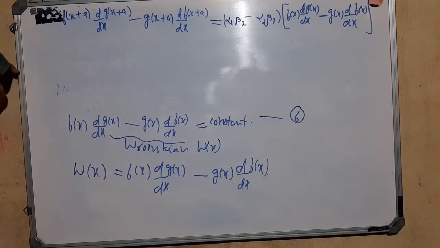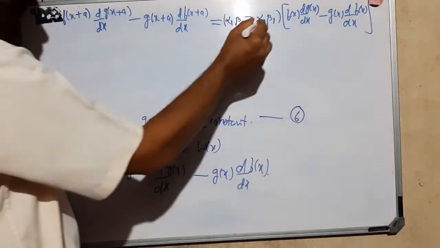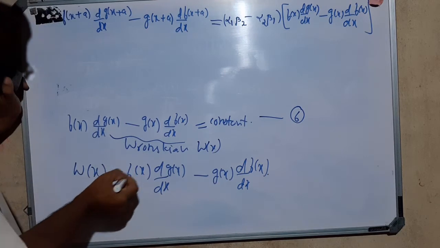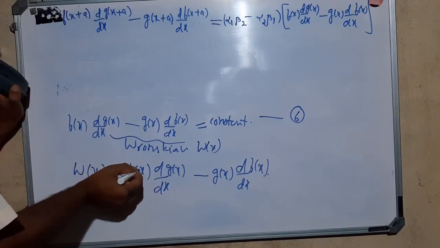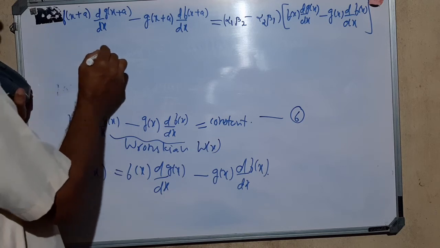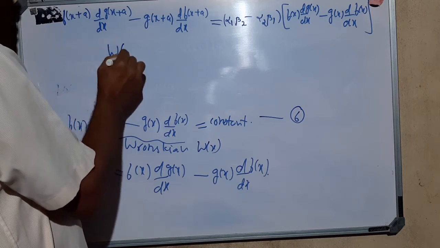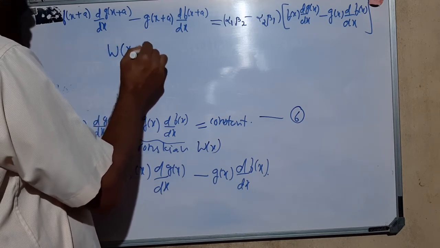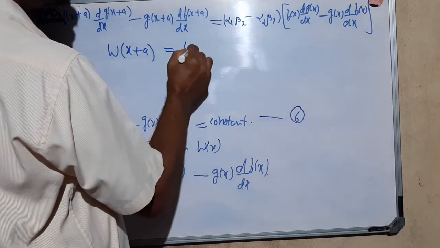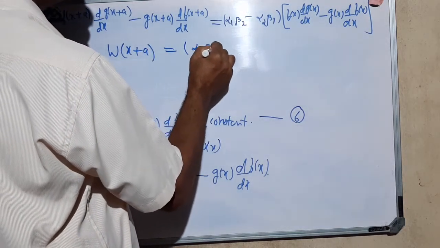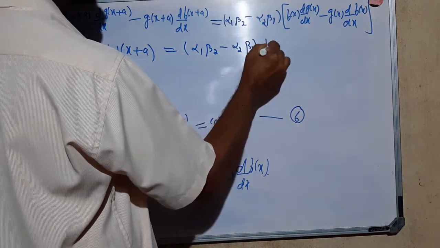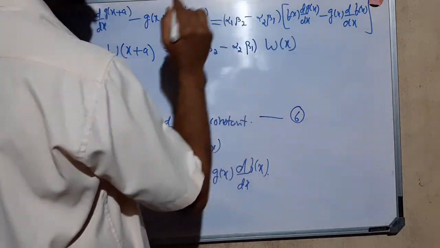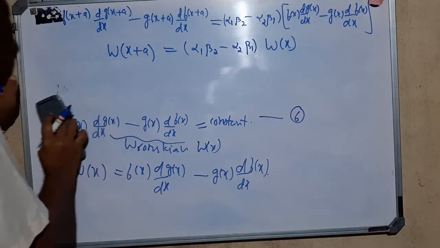So that means this I can write. See, this one is the Wronskian, right? But in the Wronskian I have replaced x by x plus a. Therefore, I can write this one as w of x plus a. This is equal to alpha 1 beta 2 minus alpha 2 beta 1 into w of x, Wronskian.